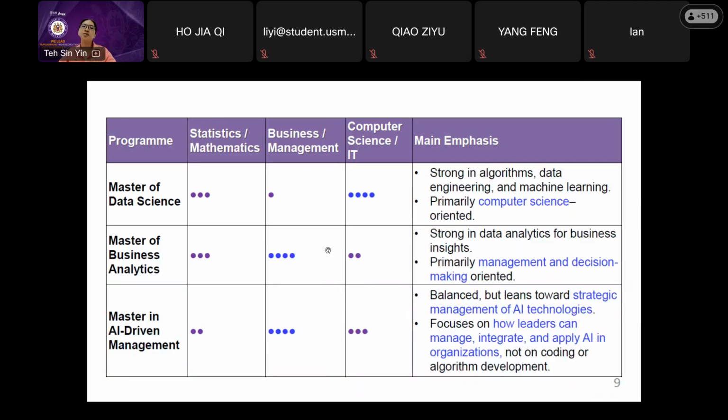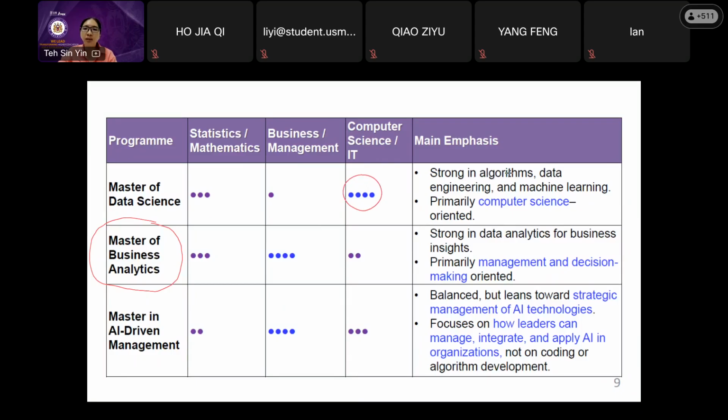Just now I promised that I will also show you the differences between these three masters. This is you, Master of Business Analytics. Compared to the Master of Data Science, which is most of the time offered under the School of Computer Science, because the computer science element is heavier.